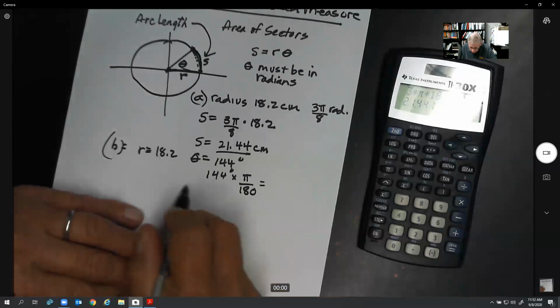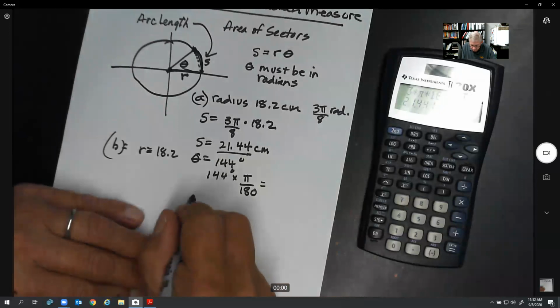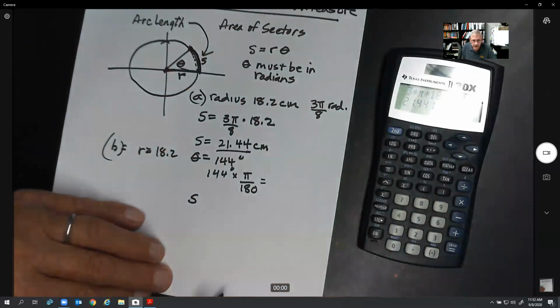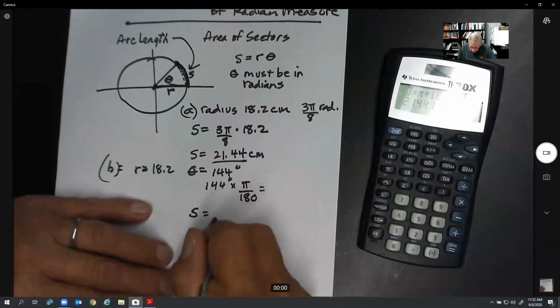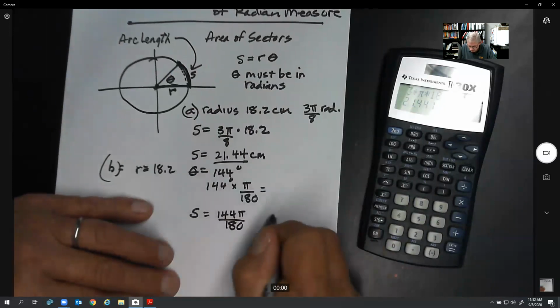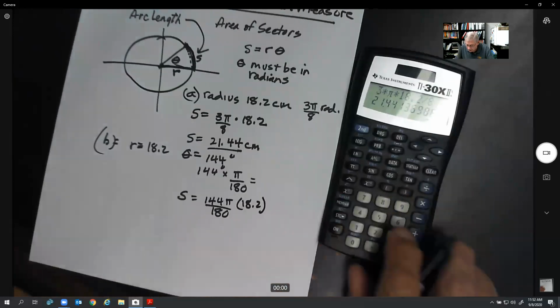Let's see what we can do. We want to find the length of this distance right here. So S is going to equal 144 pi over 180 times the radius. The radius is 18.2, and we'll see what we come up with.